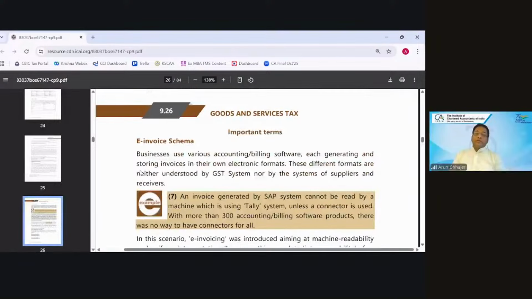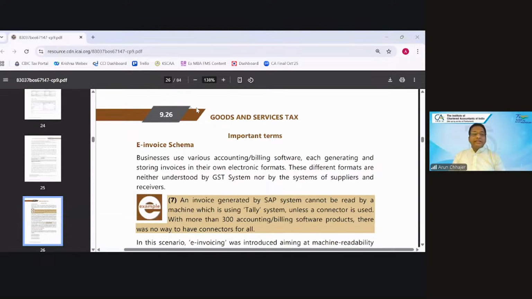Invoice schema. So Ayush has asked a question. He needs clarity on whether all e-invoices are called INV1 or just the API one. No, all e-invoices are called INV1. That is the format in which your output should look, whether you generate it online directly on the government portal, or go through the offline utility, or go through API, or any integration with the GSP.